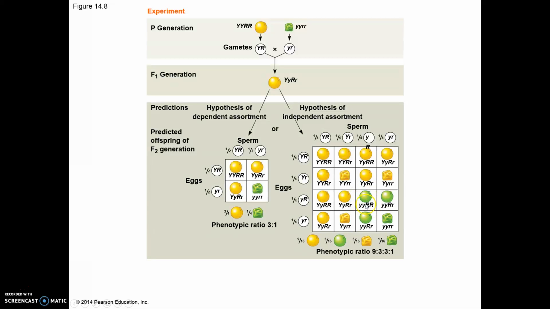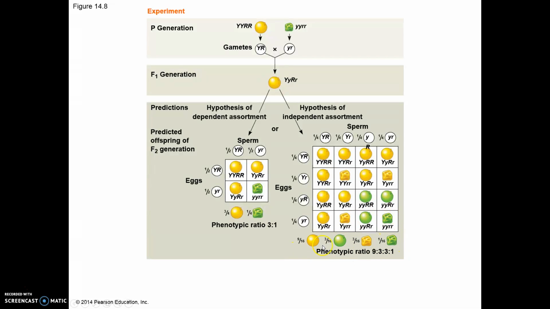This one right here would receive little y and little y, so it'll be green, but it will get a big R, so it'll be round. This one over here will get little y, little r, so it'll be green and wrinkled.